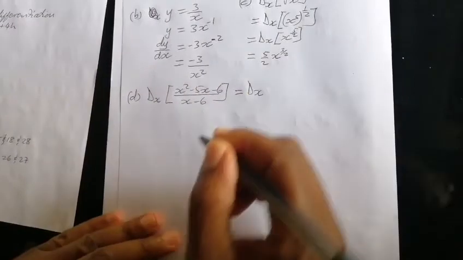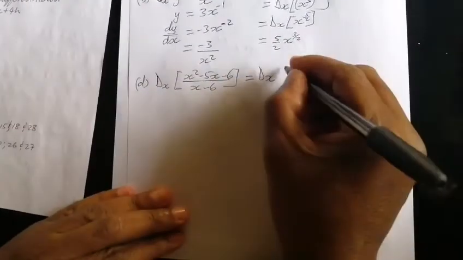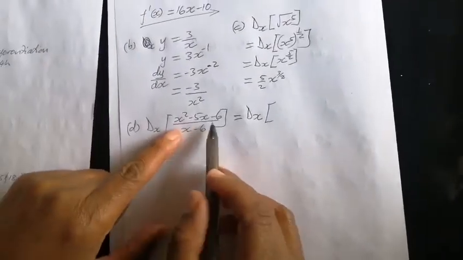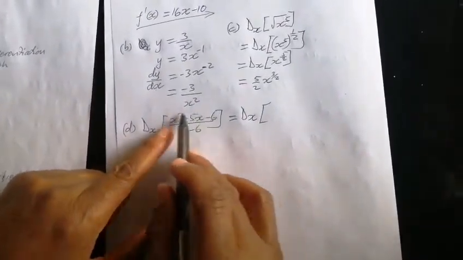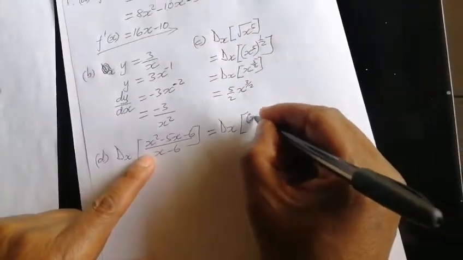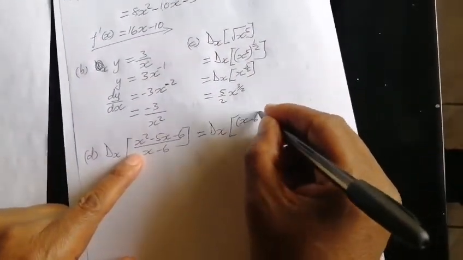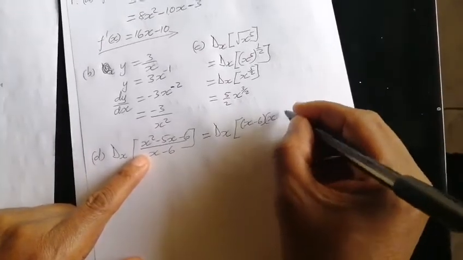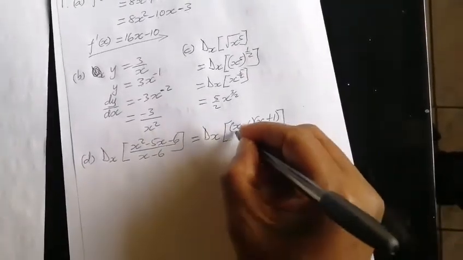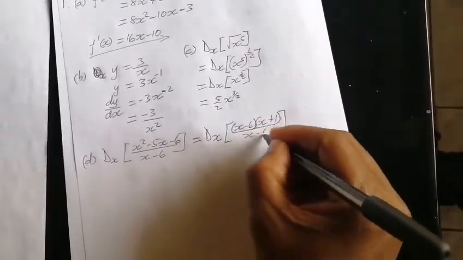So our d/dx, I'm not differentiating yet. I'm just writing it in a language where I'm able to differentiate. I'm looking for factors of the numerator. It will be x minus 6 into x plus 1. I'm not teaching you how to factorize. Everyone should be able to factorize. All over x minus 6.